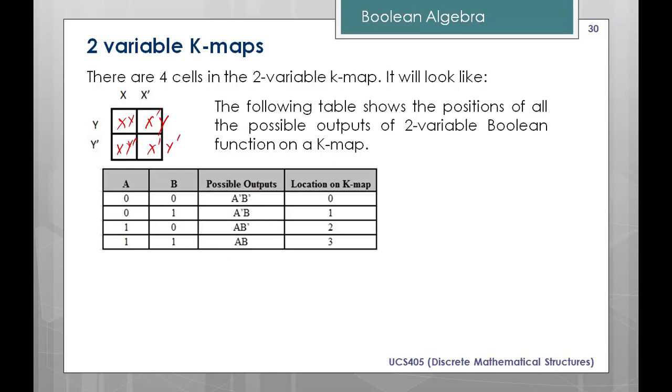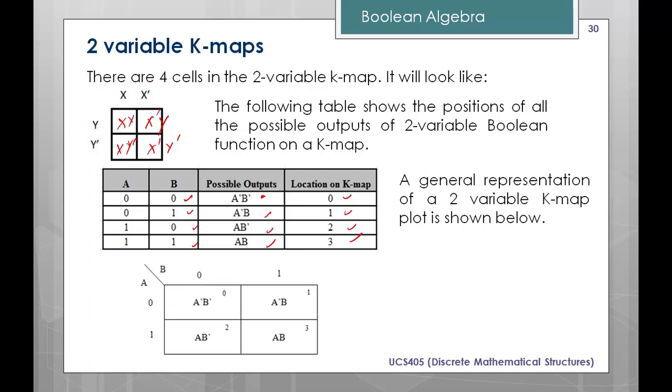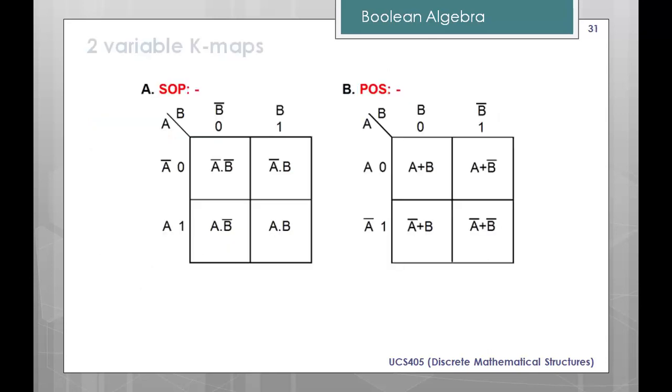Here are the two inputs, with combinations 00, 01, 10 and 11. These are the outputs corresponding to that, and this is the location on the map. A general representation of a two variable K-map plot is shown below. This is the zeroth cell, this is 1, this is 2, this is 3. We place things in the same way.